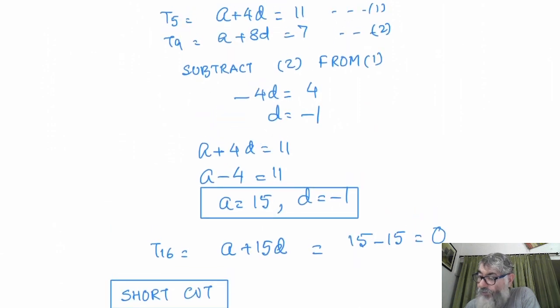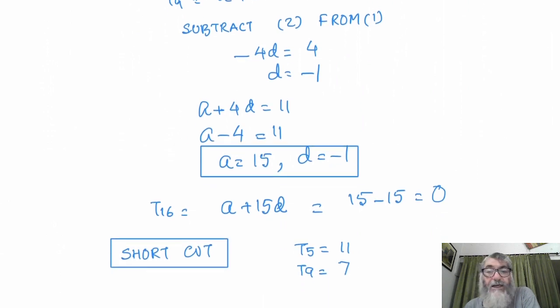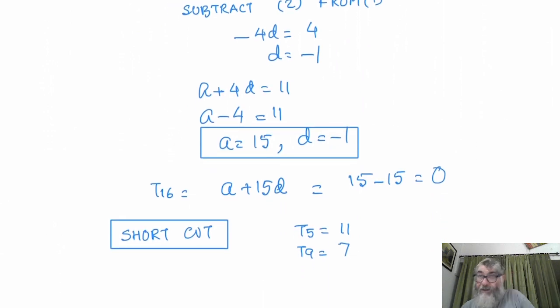Like he has given you T5 is equal to 11 and T9 is equal to 7. We can directly calculate D from this. Common difference D will be 11 minus 7 divided by 5 minus 9. 11 minus 7 is 4. 5 minus 9 is minus 4. So D will come minus 1.